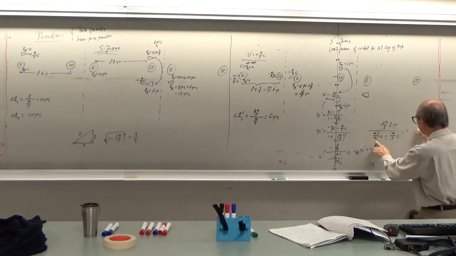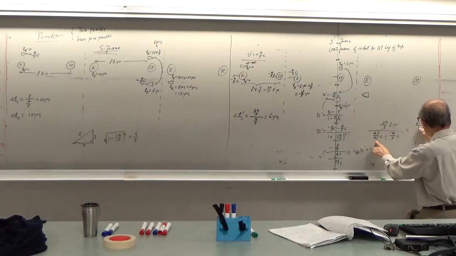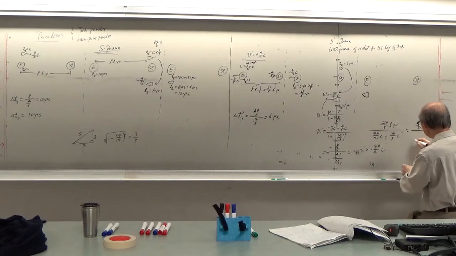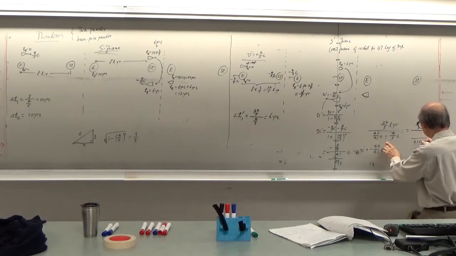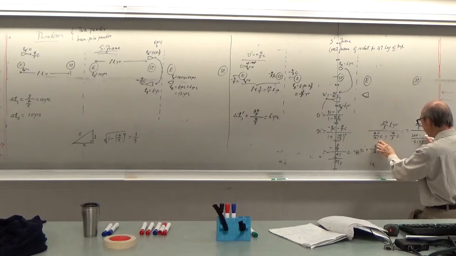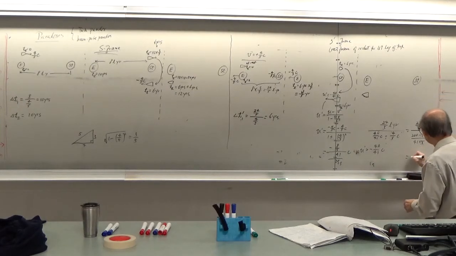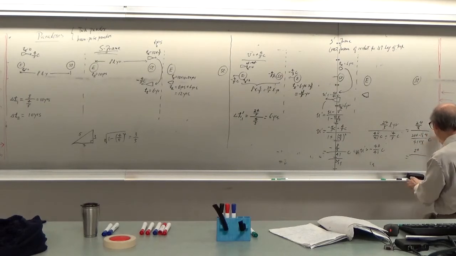So what's that? 24/5 divided by, that's this, 41 times 5, and this is 200 minus 40, 164, must be right. And this cancels. Let me do a calculation very quickly. Light years, that would be years.